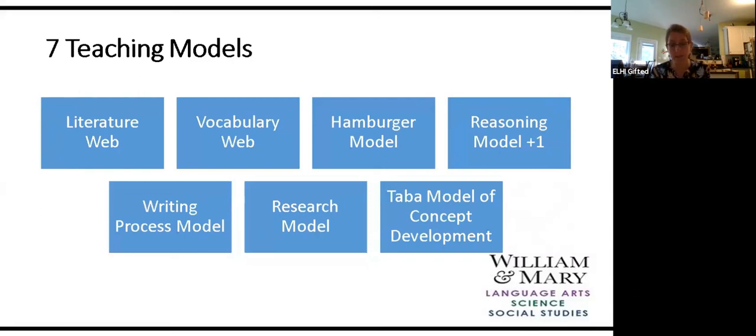And I dabbled a little in this with my 5th graders too, where they also needed to take the other perspective, the other point of view, and be able to give some information about that so they could address how other people's opinions affected their claim or their opinion. So you can see all of those different models in this section too.